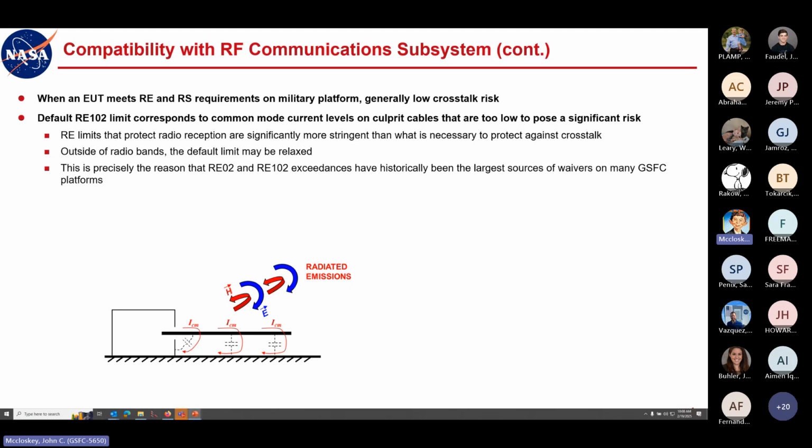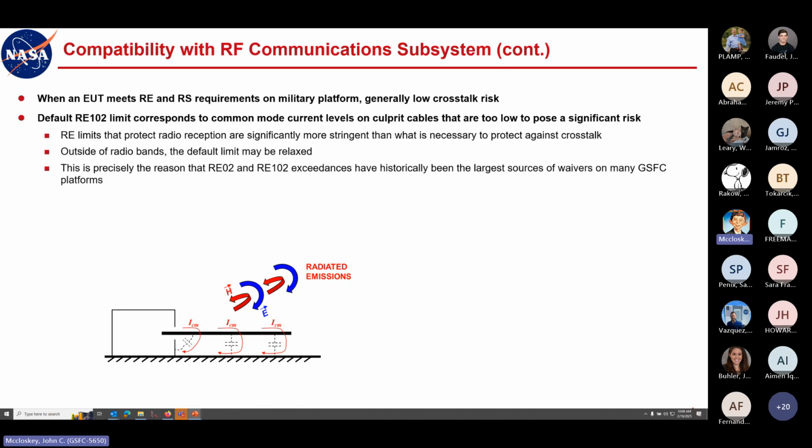So if you meet levels that are designed to be compatible with radio reception, you're generally way lower than anything you need to protect against crosstalk, which is why there's no real specific crosstalk mitigation tests in the MIL standard, and why we come up with them ourselves in GEVs.